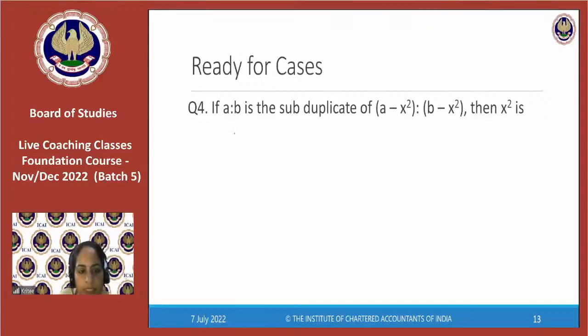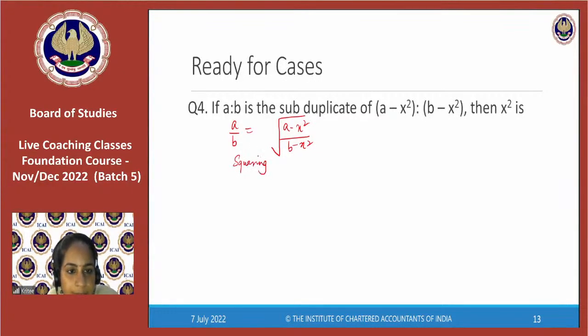What it means is A by B is the subduplicate of A minus x square upon B minus x square. What is the value of x square? So what are we going to do here? Squaring on both sides.